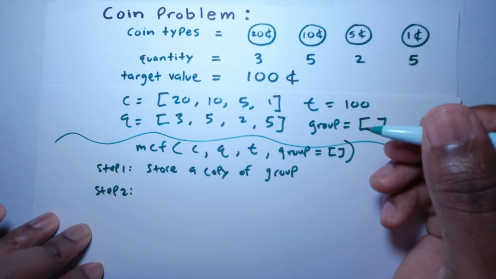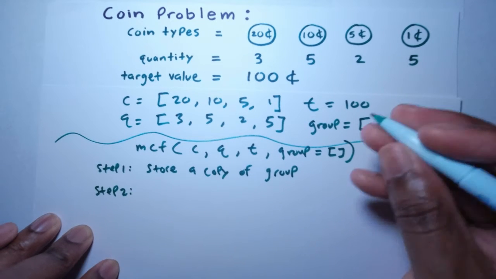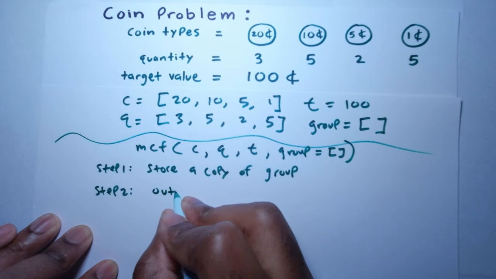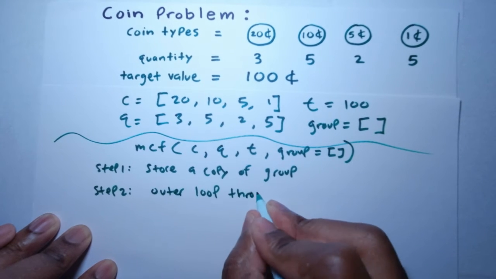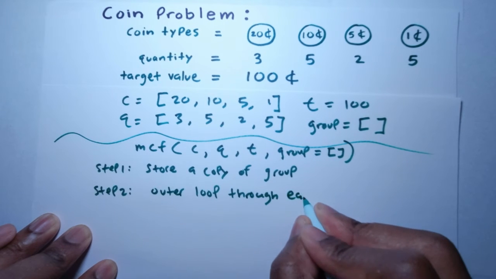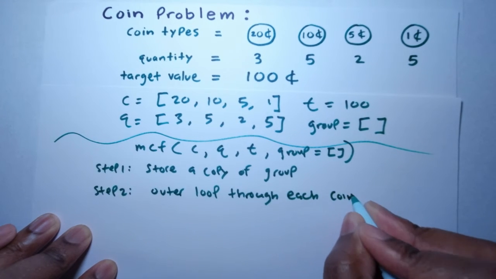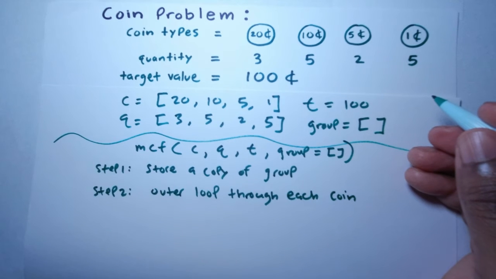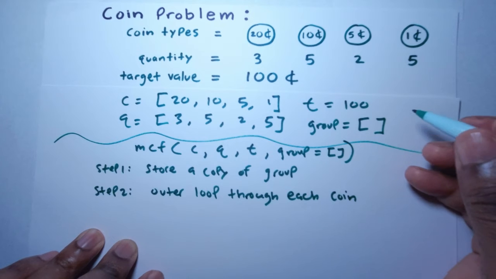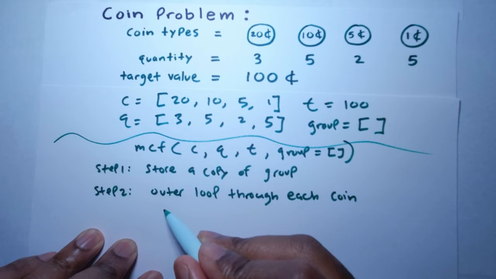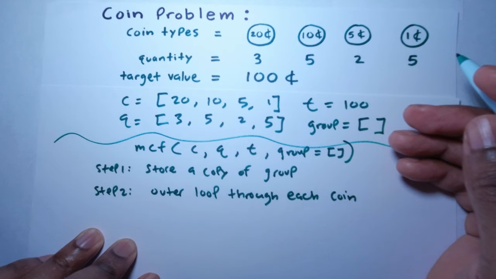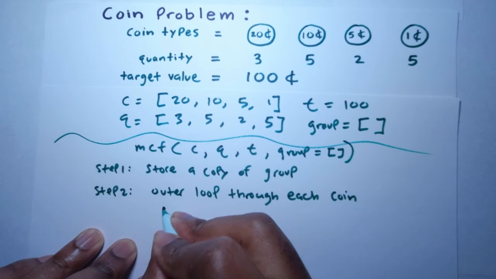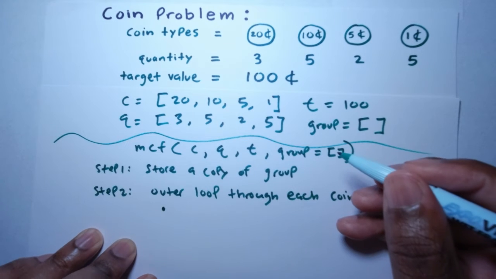Step two is to outer loop through each coin. What's important to mention here is that as we're looping through the coins in this outer loop, there are two circumstances in which we want to skip coins. The first circumstance would be if that coin is too large.